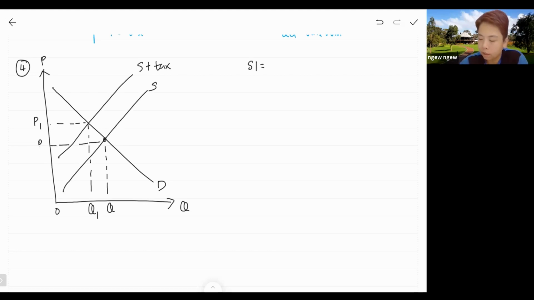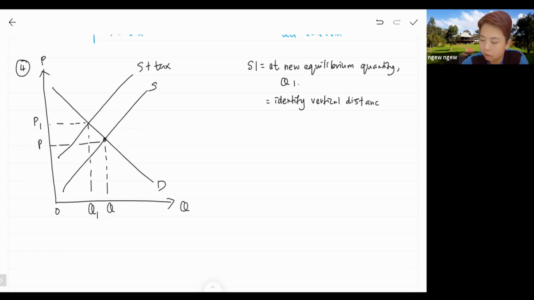Step 1, you must base it on the new equilibrium quantity, which means Q1. This step is very important. Always base it on the new quantity. And what we do is identify the vertical distance between the two supply curves.